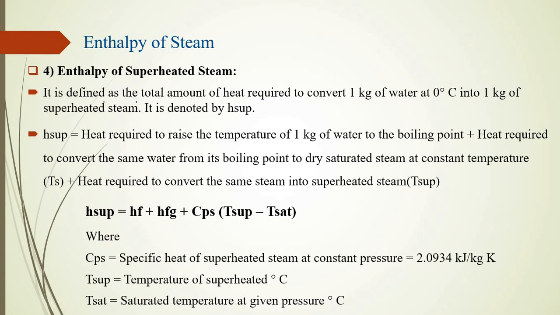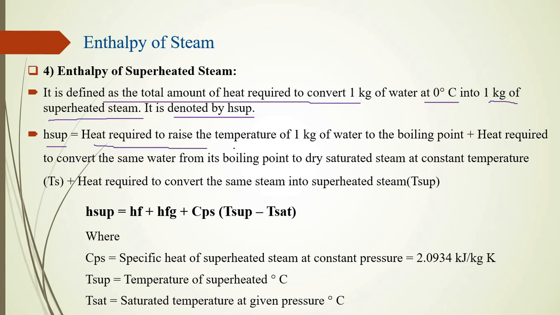It is defined as the total amount of heat required to convert 1 kg of water at 0 degrees centigrade to 1 kg of superheated steam, and is denoted by Hsup. We have to completely convert water into 100% dry steam.